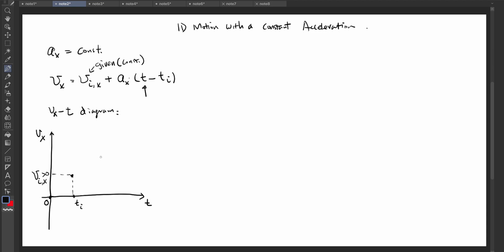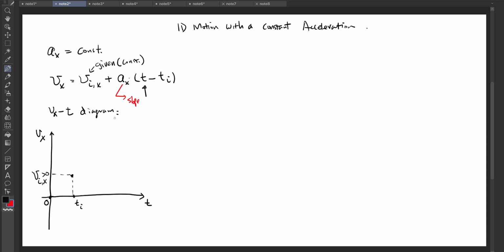Now, for the second point, I don't want to put some arbitrary value here. Instead, I want to look at this ax here. The ax will represent the slope of this straight line, right?